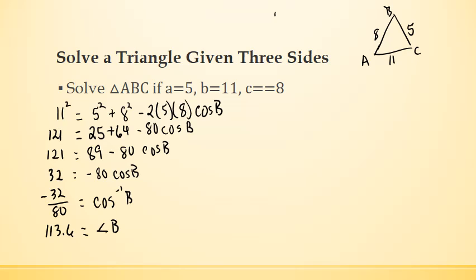So let's find angle A, and we're going to use the law of sines. So I've got the sine of 113.6 over 11, that's sine of angle B over side B, and that equals the sine of A over 5.